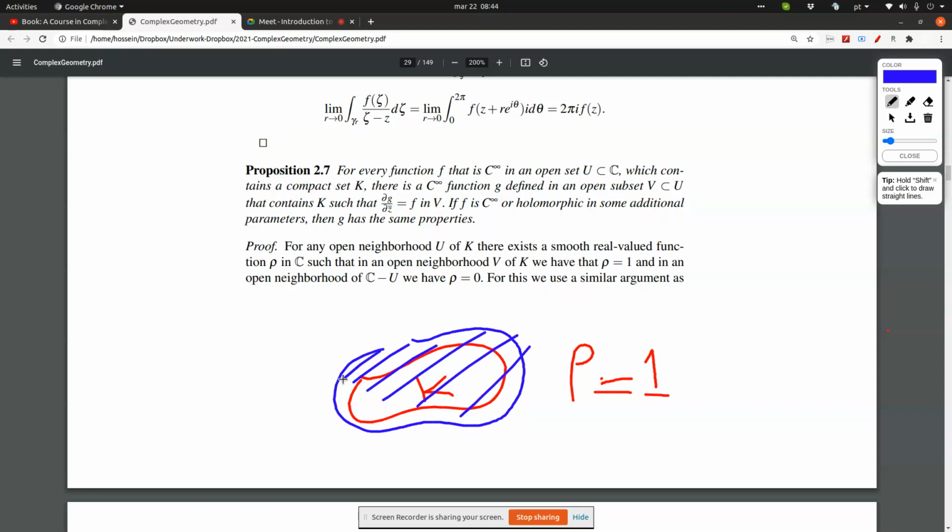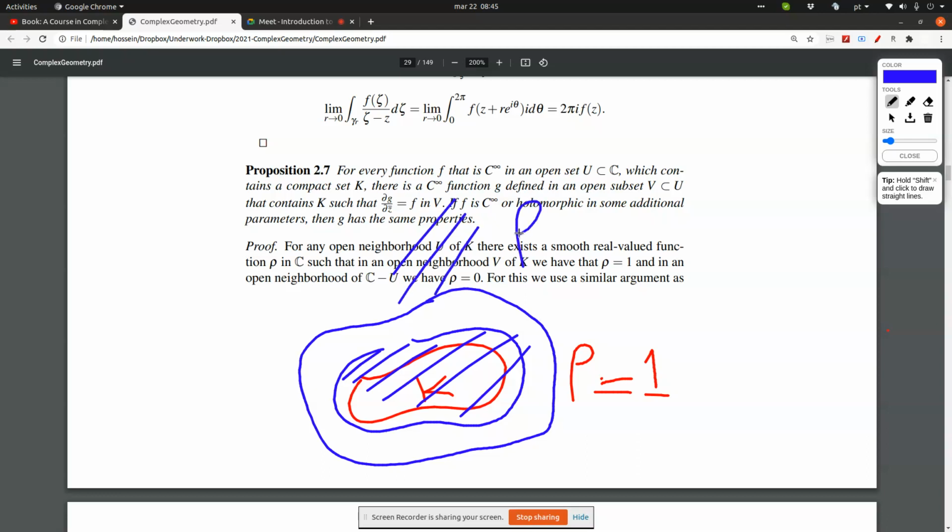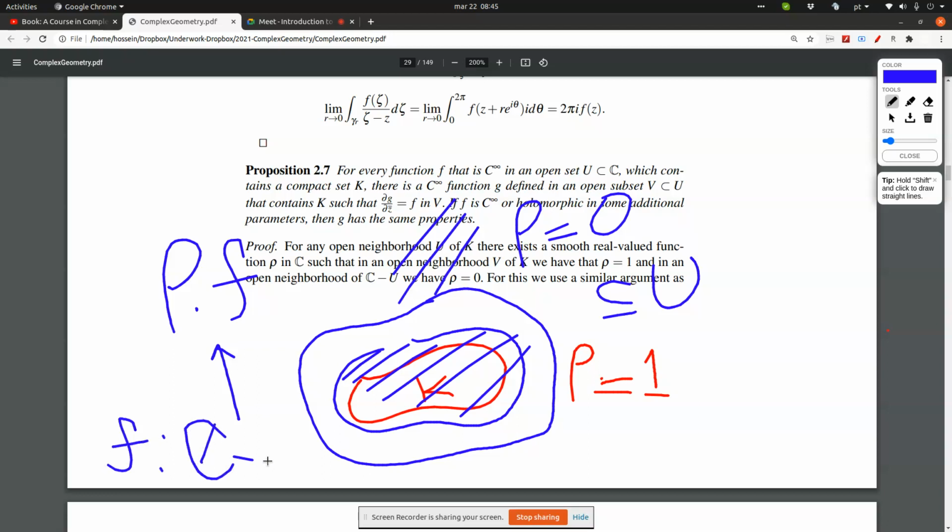It starts changing, and after a while rho becomes equal to zero, and all this process will be inside this U. So if I multiply rho with F, I need to prove the same theorem for rho times F, and in this way I can assume that F is a C infinity function in the whole C.